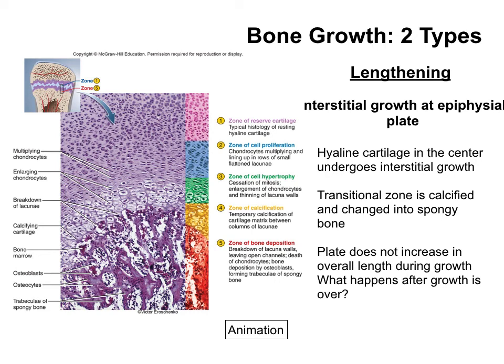Which is why after puberty, all you have in the metaphysis is an epiphyseal line. It basically indicates to your physician that the cartilage is gone and lengthening can no longer occur in that bone. Now, if you lose the epiphyseal plate too early, you could end up with bones that are too short.